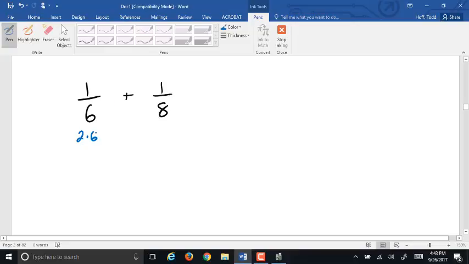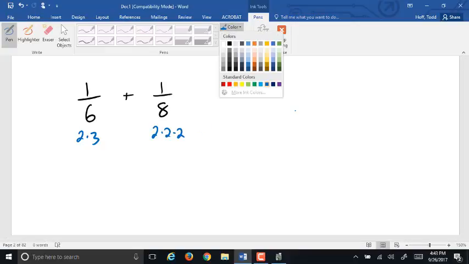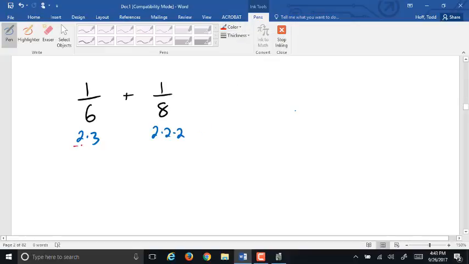6 factors into 2 times 3, and 8 factors into 2 times 2. Well, they both have a 2, right? This one has a 3. We need to multiply this one by 3. That's going to be 3 over 24.